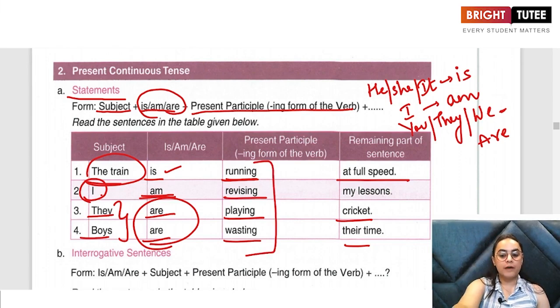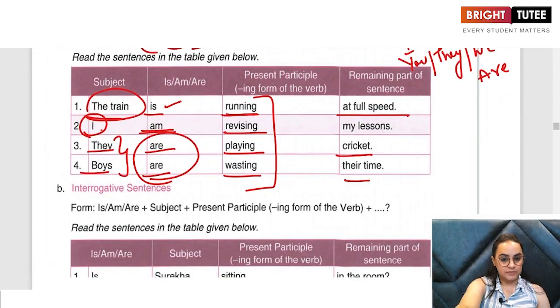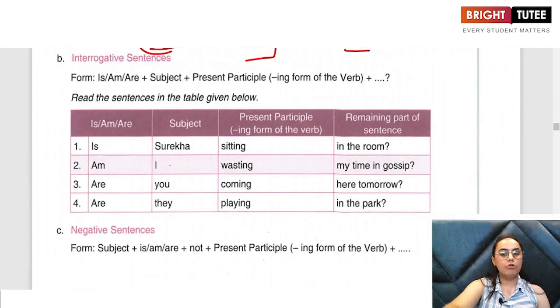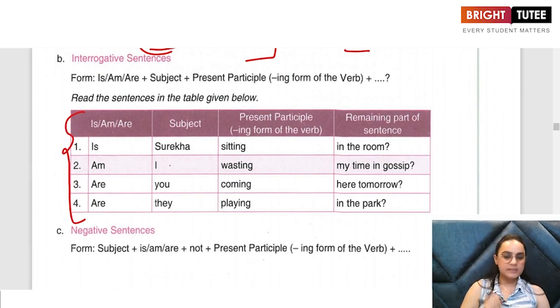When we talk about the interrogative sentences, now we all know that the moment we talk about the interrogative sentences, we use the helping verbs in place, right? Helping verb and the uses of the helping verb will remain the same.